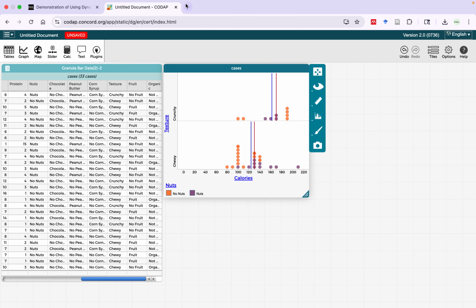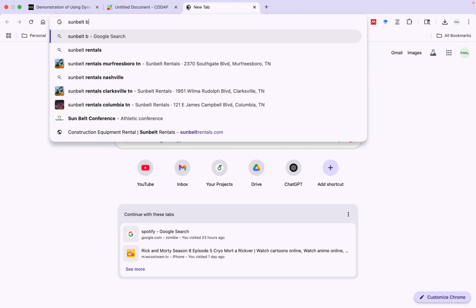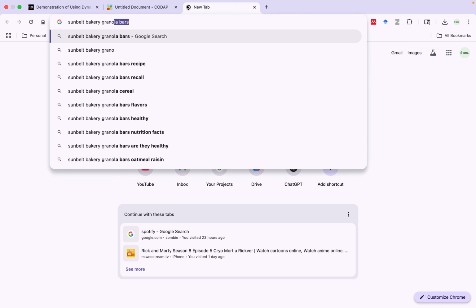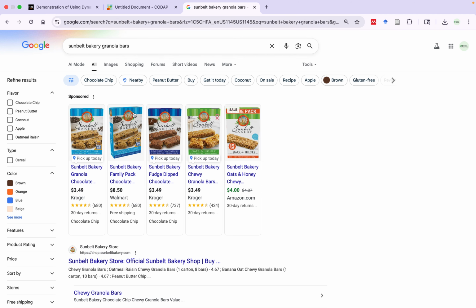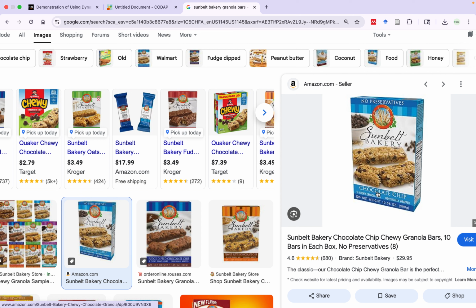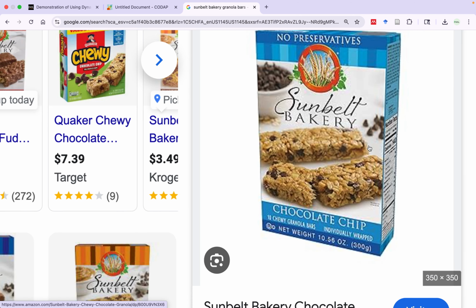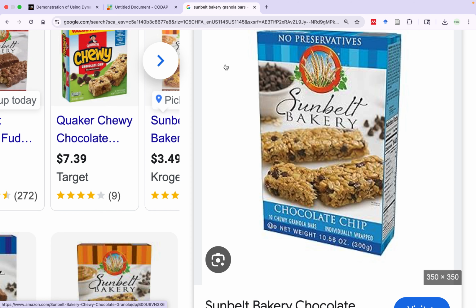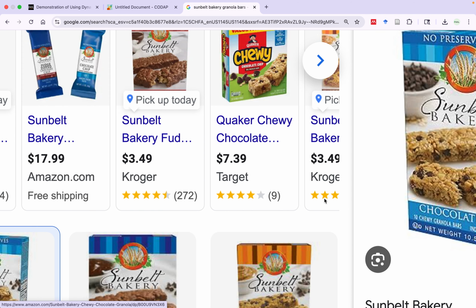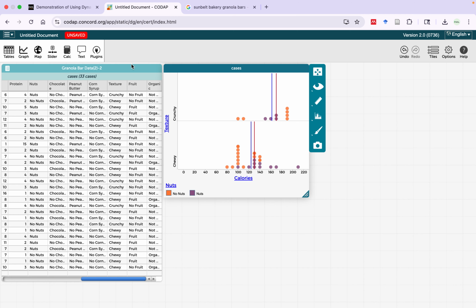What does that look like? Yeah, I mean, I don't see the nuts as evidently. I don't know.